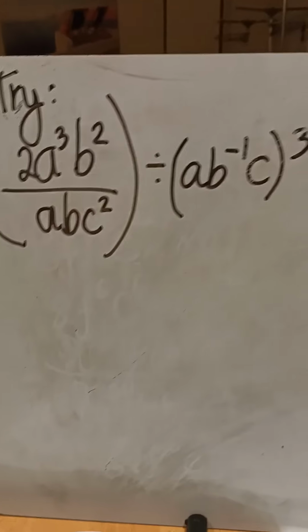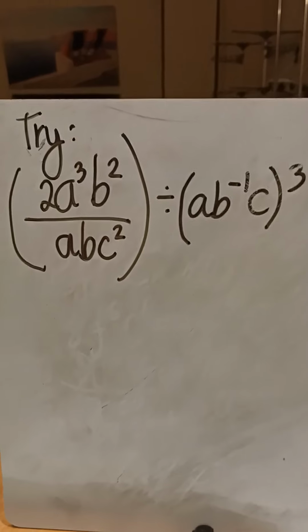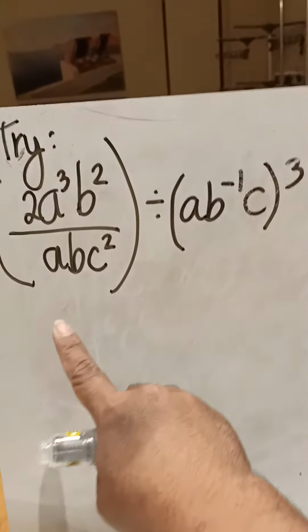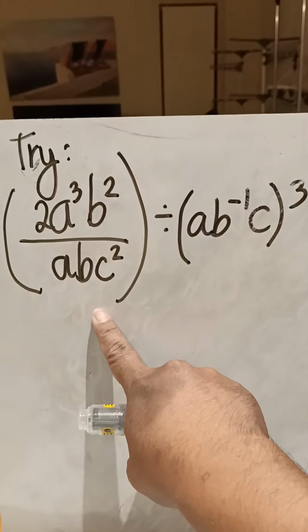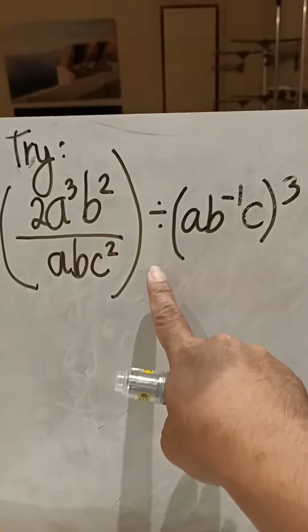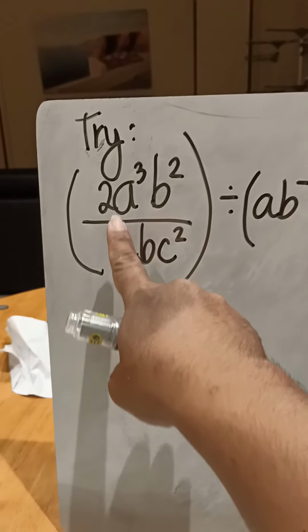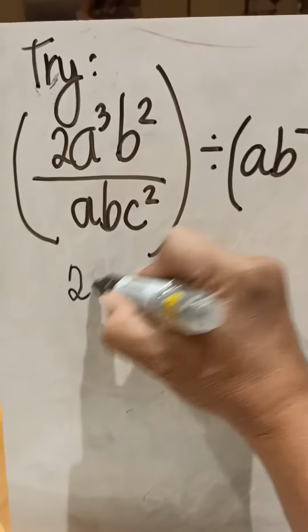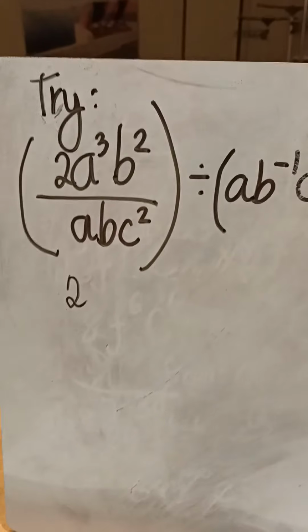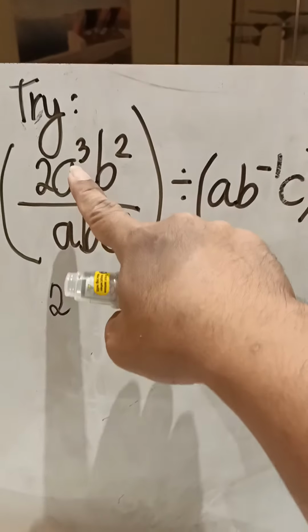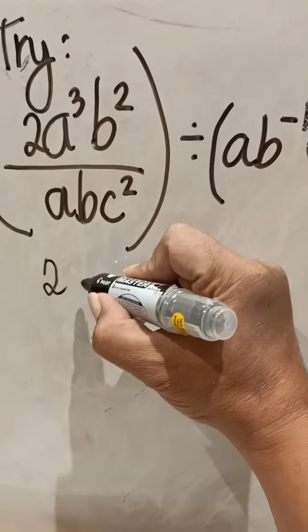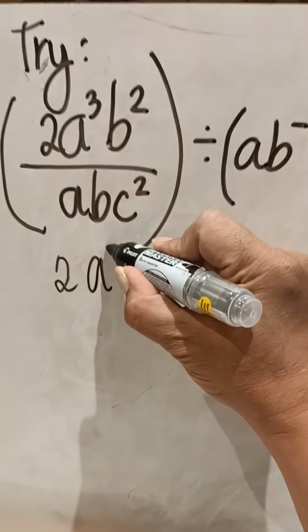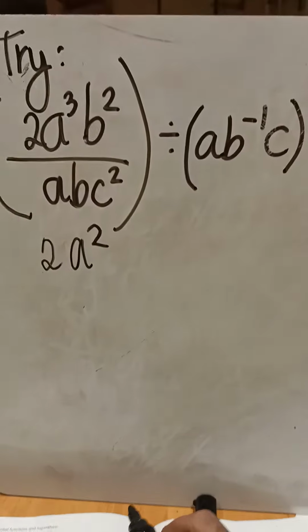Okay, now let's do it together. What you need to do is simplify what's inside the bracket first, separately, before you divide them. So you got that 2, that's 2 over 1. That's a to the m over a to the n, so a to the 3 minus 1, which is a squared.